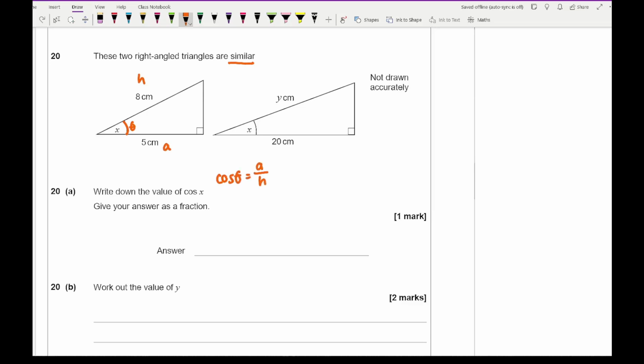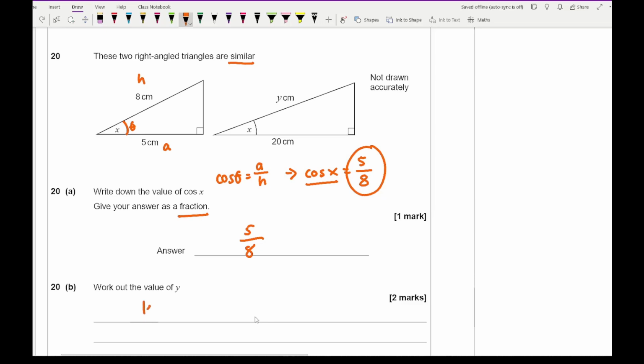Substituting those numbers in, I get cos x equals the adjacent, which is 5, over the hypotenuse, which is 8. So the value of cos x is going to be 5 over 8. The question is asking me to leave it as a fraction, so I'm not going to write down the decimal equivalent. The next question then says to work out the value of y.